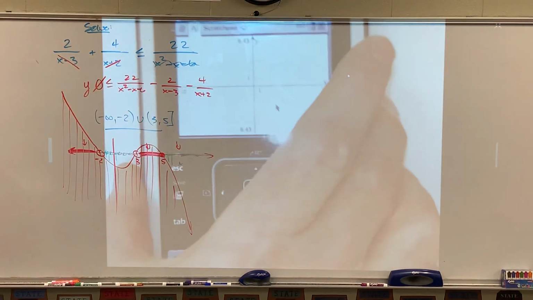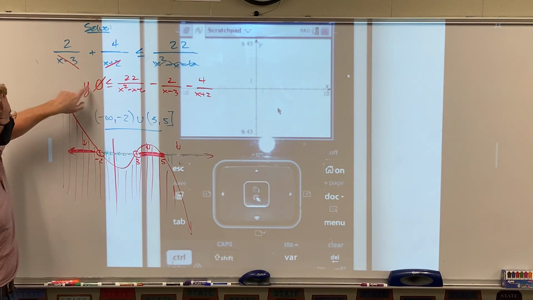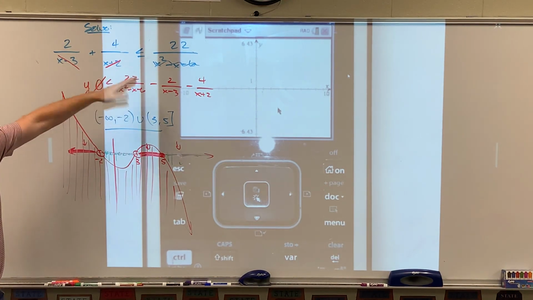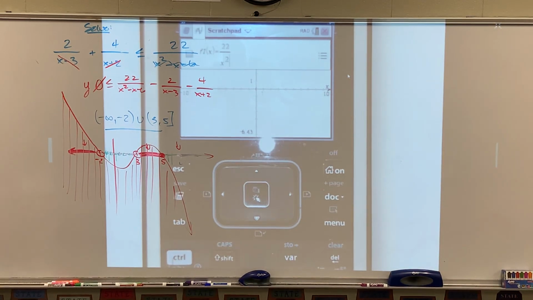And if I was going to try to do this problem with it, I move everything over. So I'm going to be graphing y less than or equal to that. Now I don't have the less than or equal because it's going to be an equal sign. So check it out. I'm going to hit tab. And I'm going to have 22 over that fraction. So here's my fraction button. 22 over x squared minus x minus 6, come out to the side.